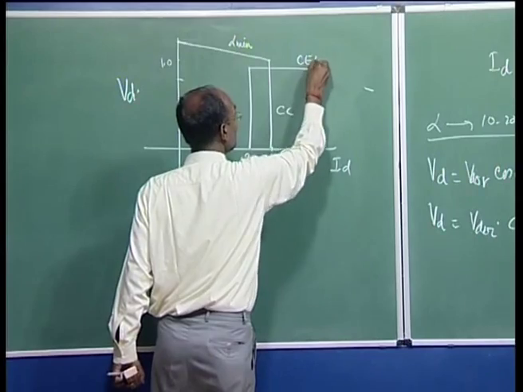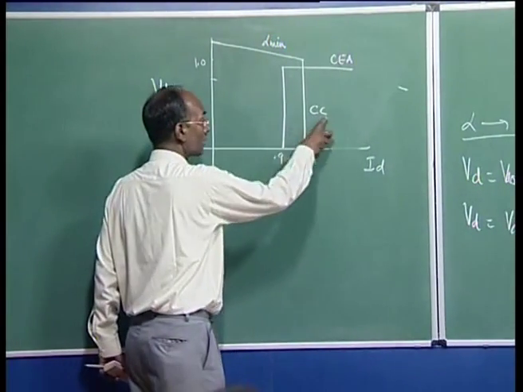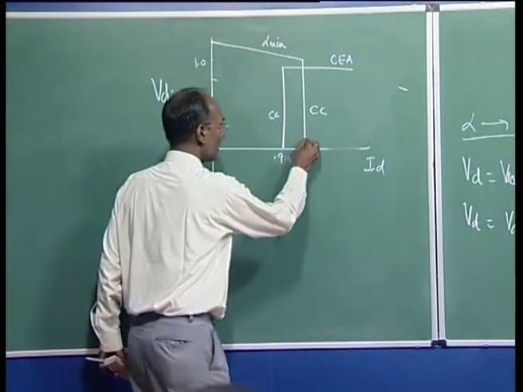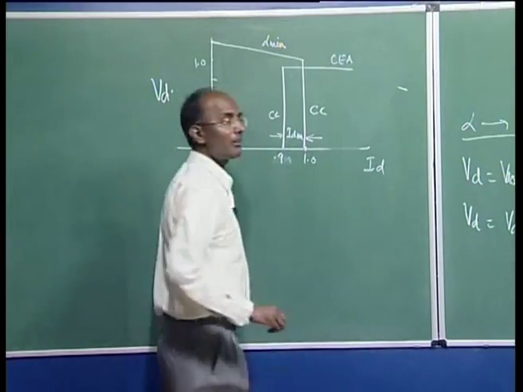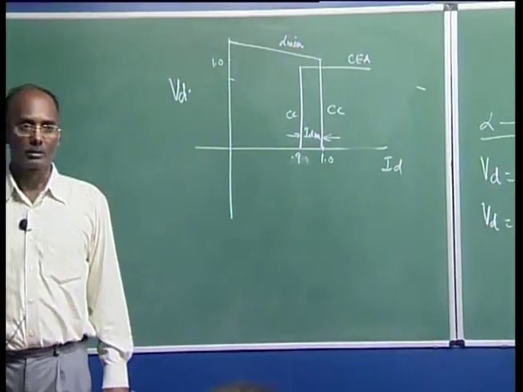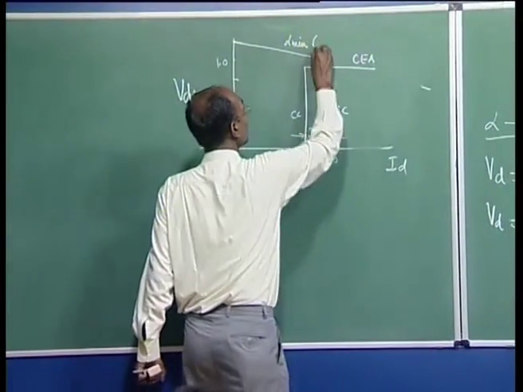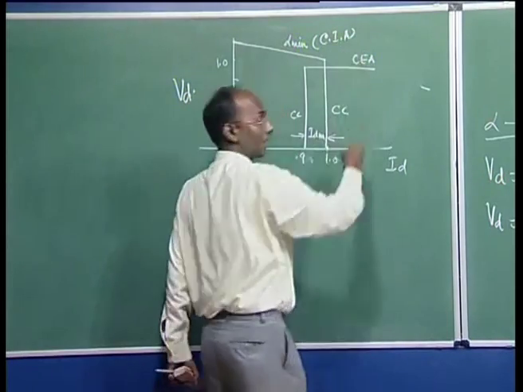This is your CEA, constant extinction angle control. This is your constant current control. This is also constant current control. Here this value is called the margin, the ID margin, and it is normally 10 to 15% of the rated link current. This is also called constant ignition angle control, CIA control.